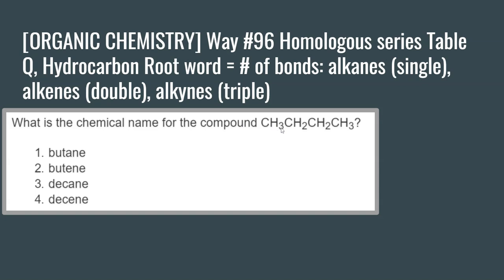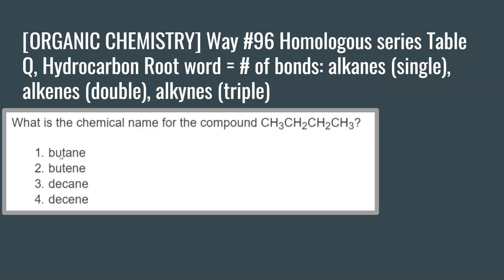Given that this compound contains 4 carbons in a row, we know that the prefix but- refers to 4 carbons from table, which table is it? Table P. But- refers to 4 carbons. So we can eliminate choices 3 and 4.